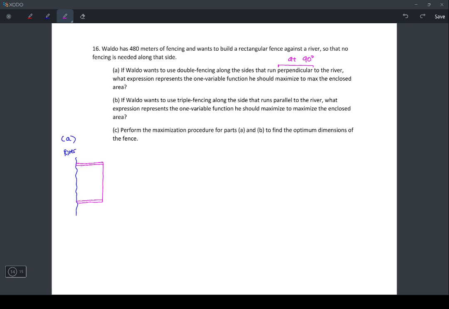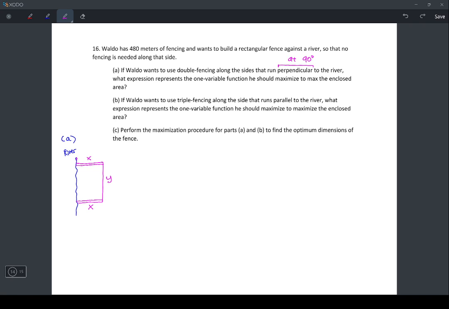I'm going to label this diagram. I'm going to call this distance from here to here x. This distance, actually, we'll just add extra lines there. It's already confusing enough. Just call that x. This distance going up and down, I'll call y. And because this is a rectangular fence, the bottom is also going to be x.